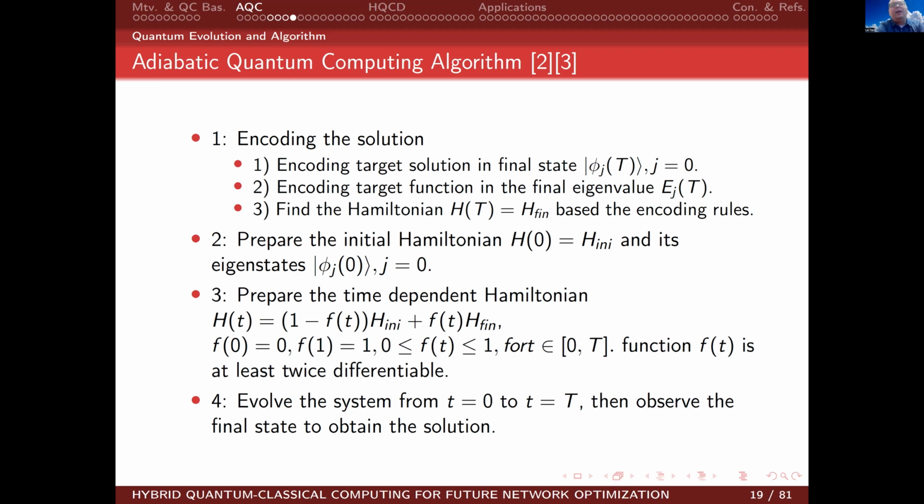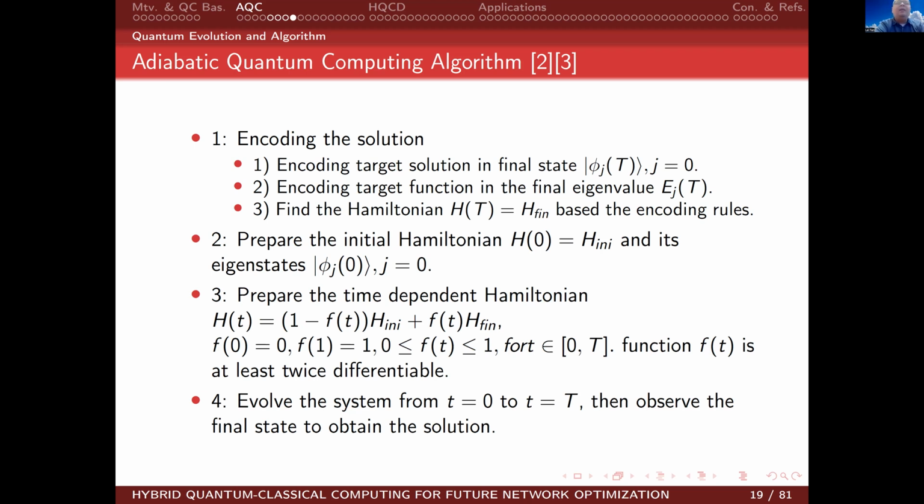The key idea is that you use a quantum computer to simulate the quantum dynamic process, and the quantum computer will stop at a final state. And this final state can represent the target solution you want to obtain for your classical problem.